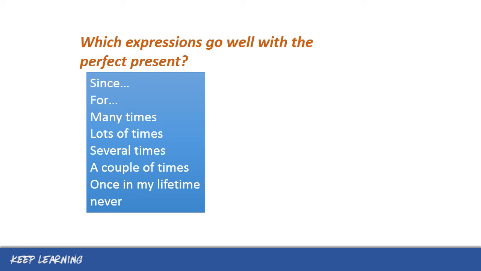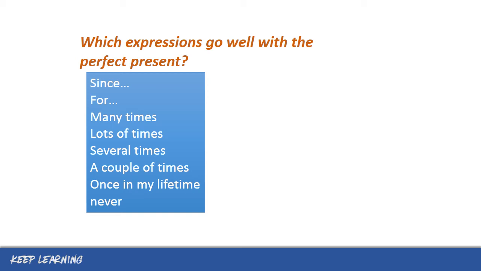I have been there many times. I have traveled lots of times. I have been here several times. I have seen that person a couple of times. A couple of times means 1 or 2 or 3 times.